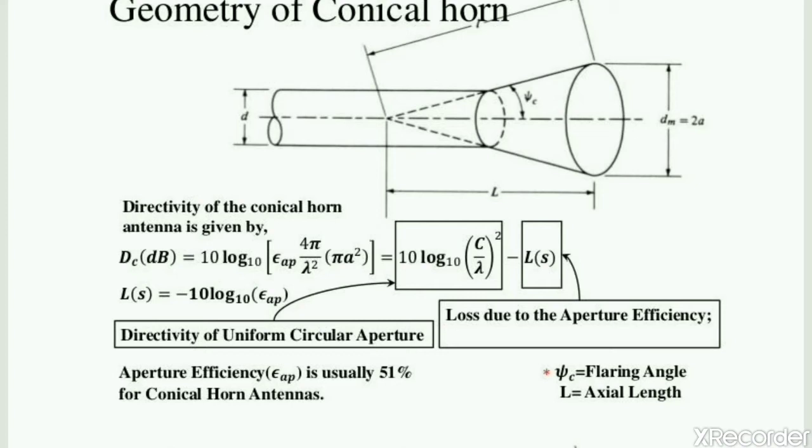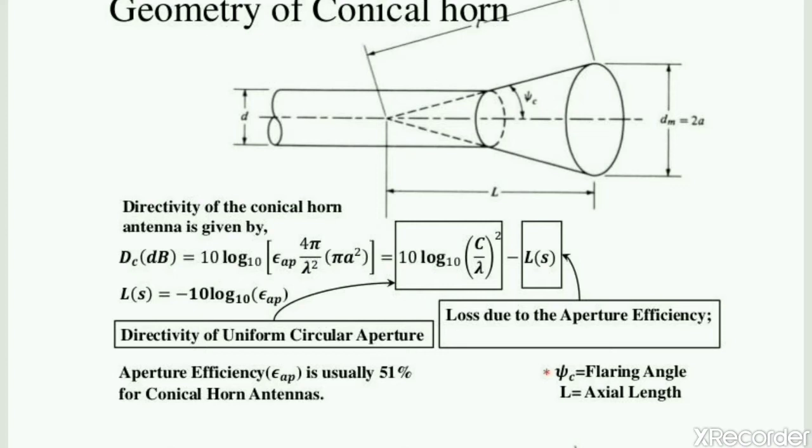From this geometry of the conical horn, we can derive some equations and standard values for the aperture efficiency epsilon ap, the directivity of a uniform circular aperture, and the loss due to aperture efficiency. We will see them one by one.